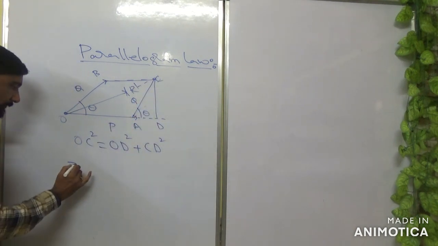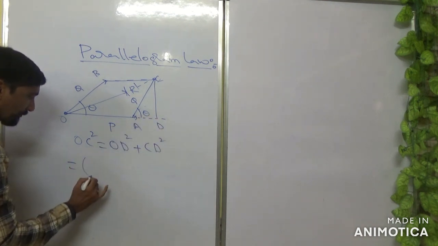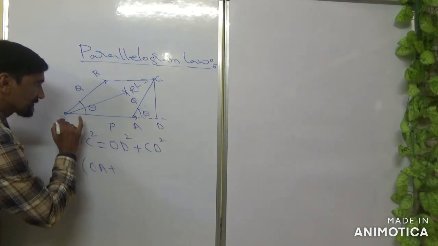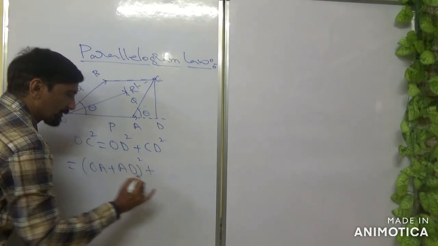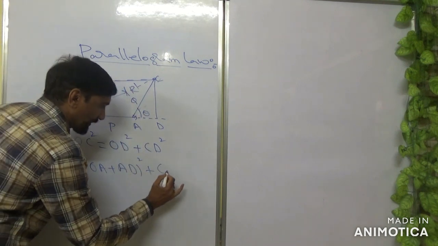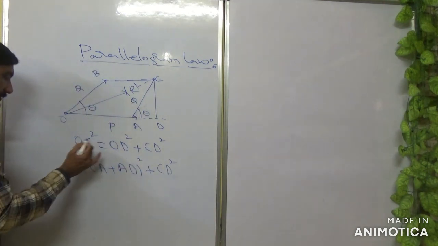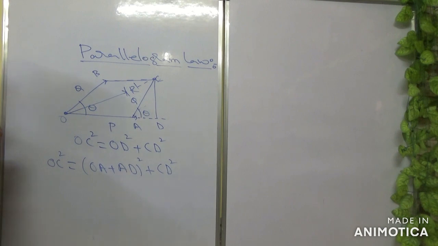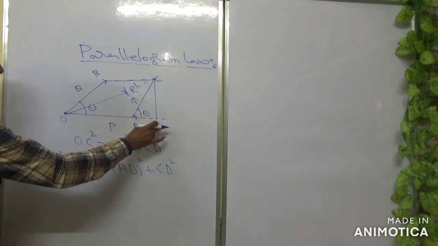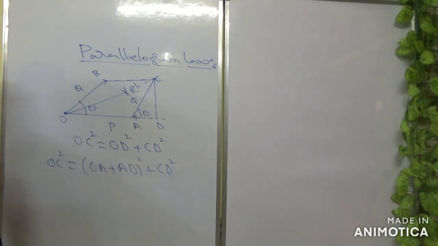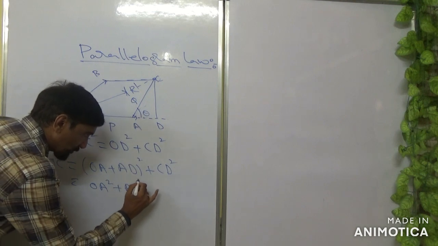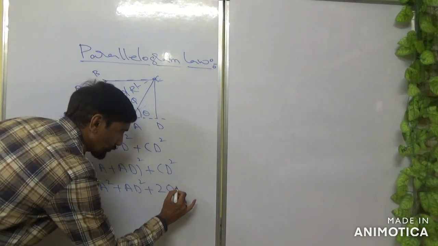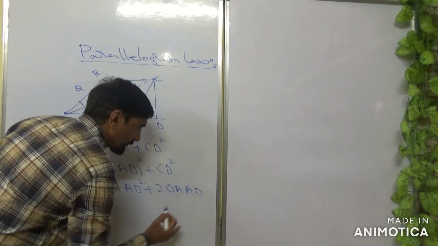OD is nothing but OA plus AD, whole square, plus CD square gives OC square. This OA plus AD you can expand in the form of A plus B whole square, so A square plus B square plus 2AB.